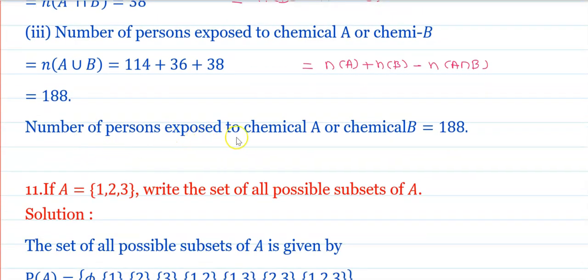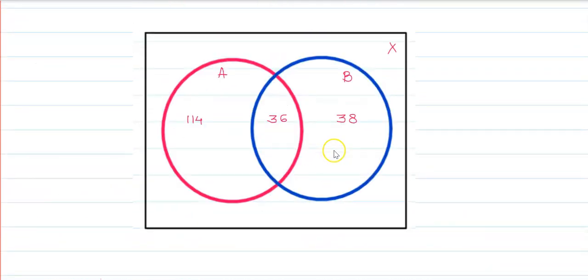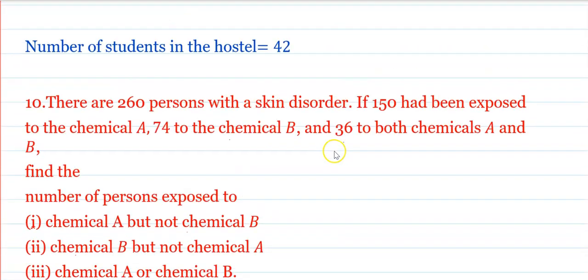Therefore, the number of persons exposed to chemical A or chemical B is 188. You can see this again.